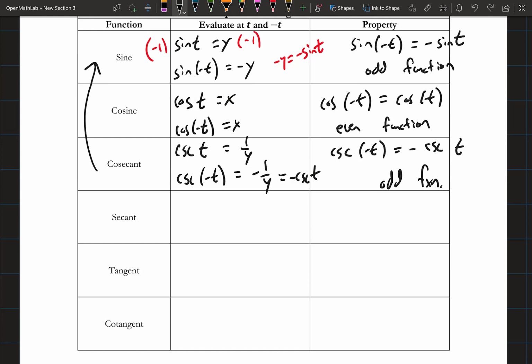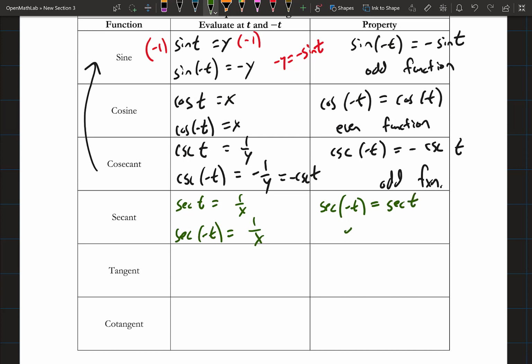So then secant. Secant of t is equal to 1 over x. So secant of negative t turns out to be equal still to 1 over x. So in other words, secant of negative t is the same as secant t.